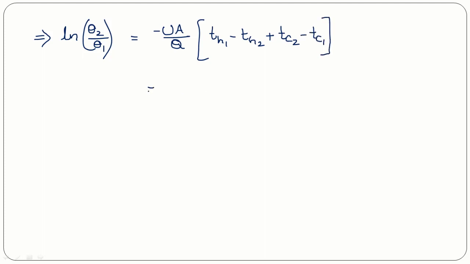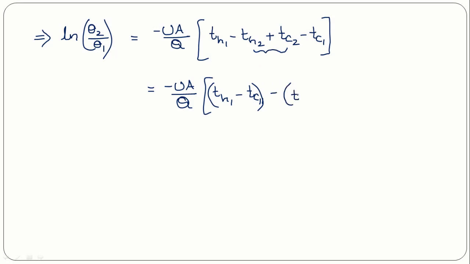Now let us write this as Th1 minus Tc1. If I take minus common in these two terms, then it becomes Th2 minus Tc2.